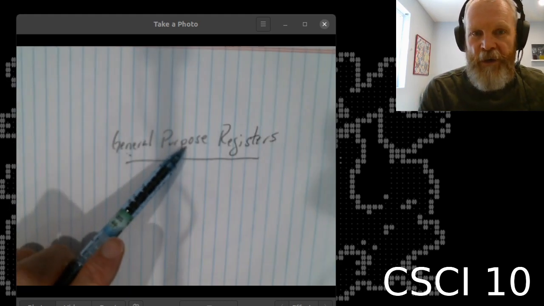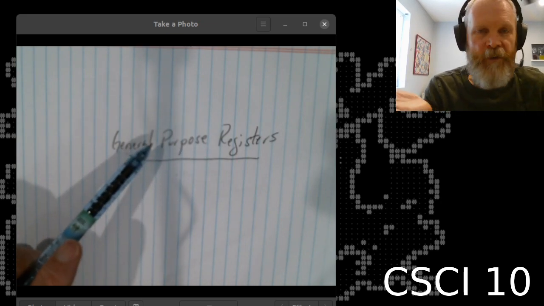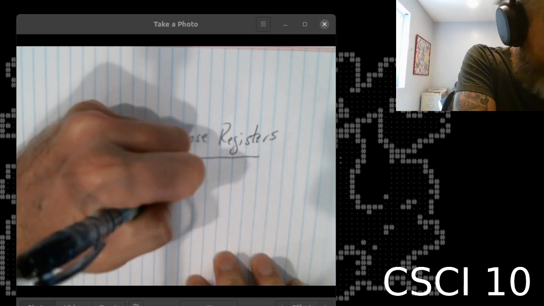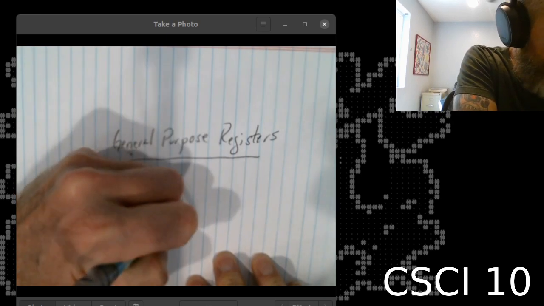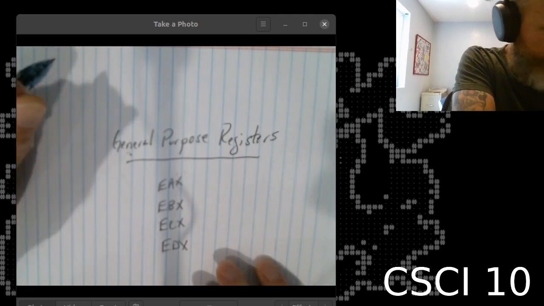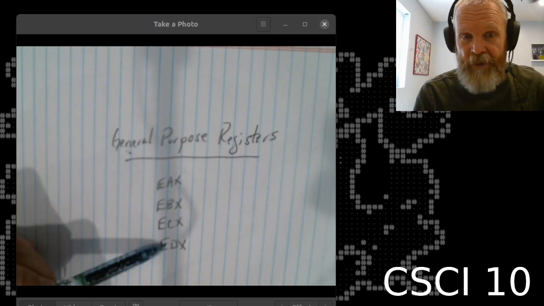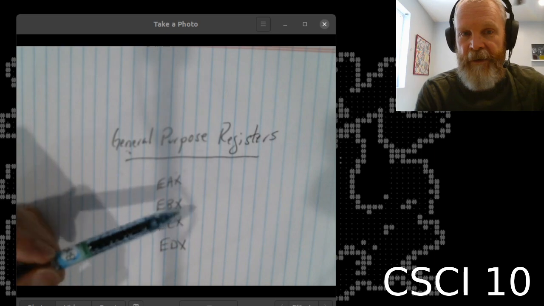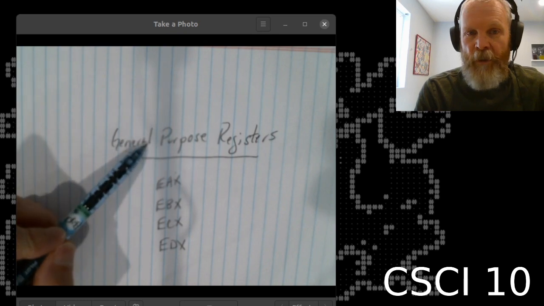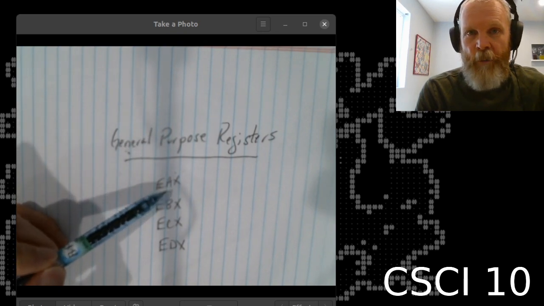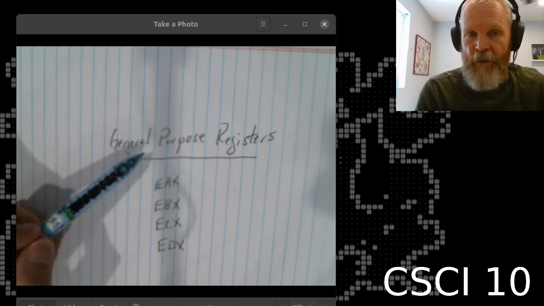Some registers are called general purpose registers, and what that means is that you as a programmer are allowed to use them for whatever you'd like. The ones that we're going to focus on in our programming are these. So you're going to see these a lot this semester because these are going to be our go-to general purpose registers. And again, a register is a memory cell on the processor itself. But general purpose means that there is no prohibition against me just using them in my programming for whatever I want.